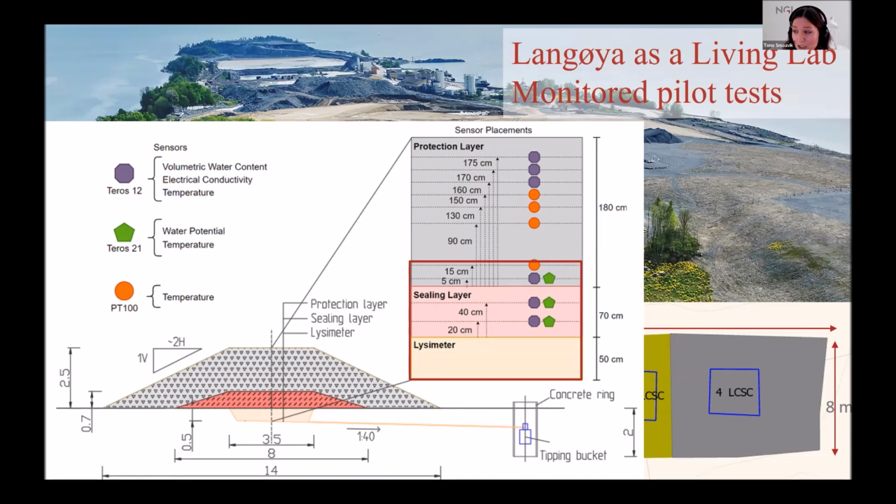So the pilots were set up in the autumn of last year. At the moment we are keeping an eye on this, and we have all this instrumentation and real-time data that we're monitoring. And then the plan is for this pilot to run for several years. So there will be more updates on these materials in the future.